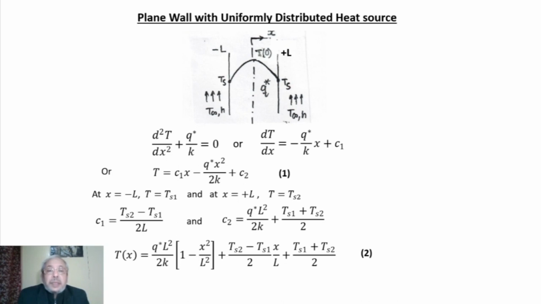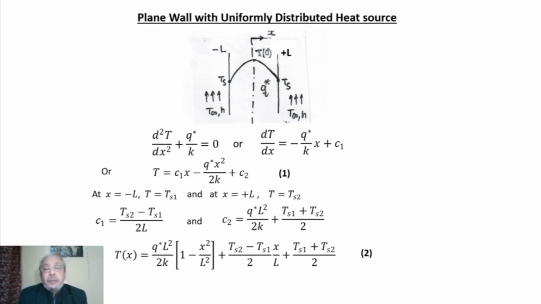Now, the governing equation for the heat conduction problem: d2T/dx2 plus d2T/dy2 plus q star by k equal to 0. Since we have dispensed with y direction variation and z direction variation, the governing equation is d2T/dx2 plus q star by k equal to 0.